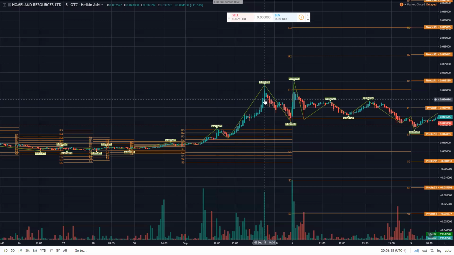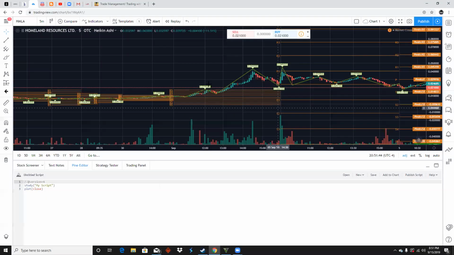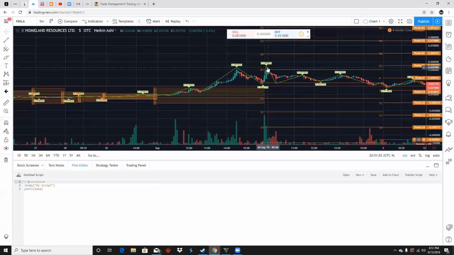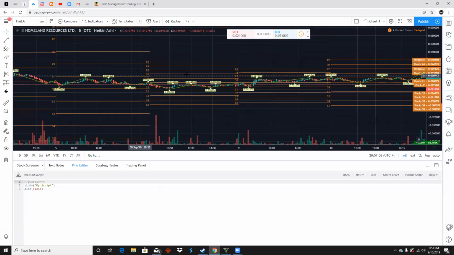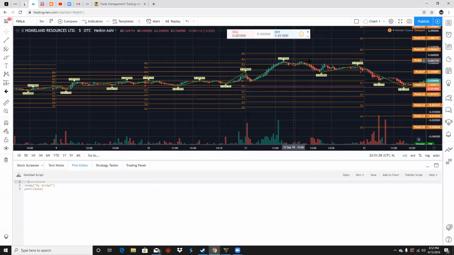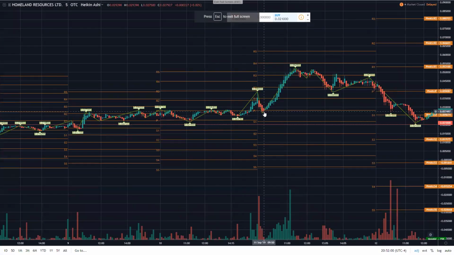Golden opportunities don't come by often. How many times do you get into a play that runs 200% plus, like this did that day? I mean, it's an awesome trade, good money made. Got to take those profits because, as you see here, it came back down to the 2 range, bounced up the next day to the 4 range again, and kind of traded sideways for the most part. And I think it did hit 5 here a while later.